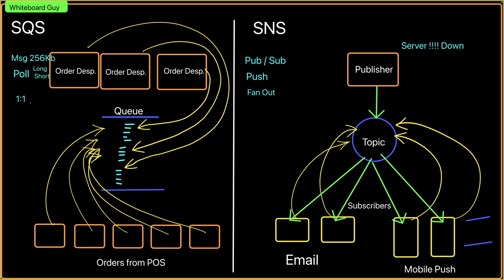With fan out, a published SNS service, simple notification service, can send to multiple different email accounts or SMSs at the same time. So it fans out as well. So we see that as a one-to-many, and I will speak to that again. So it is a one-to-many service as well.